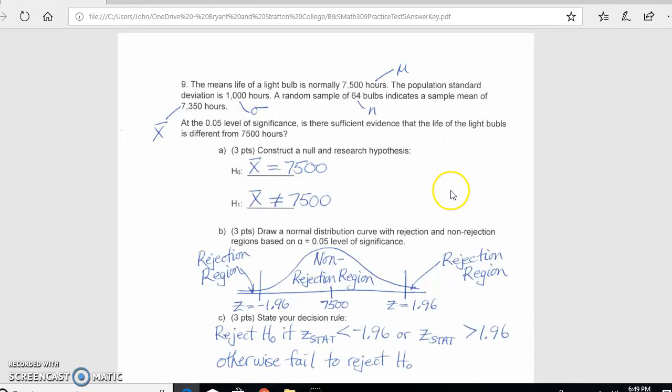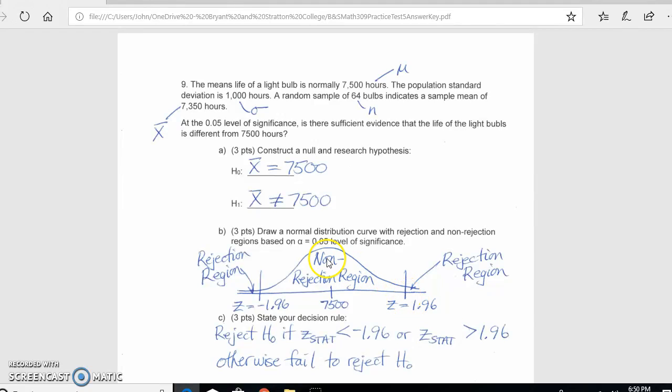On letter B, you're asked to draw a normal distribution curve with rejection and non-rejection regions based on a 0.05 level of significance. And so what I would want you to do is to draw this normal curve.